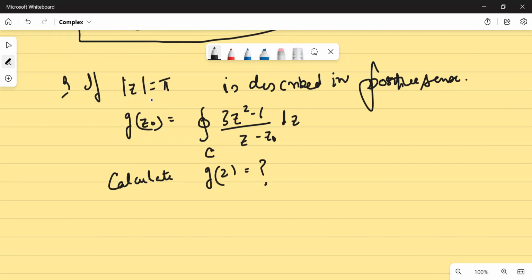If mod z equal to pi is described in the positive sense, this curve C is nothing but mod z equal to pi only. And I'm saying that g(z naught) is equal to the integral of 3z square minus 6 upon z minus z naught dz over this closed contour C. I'm saying calculate g(2).